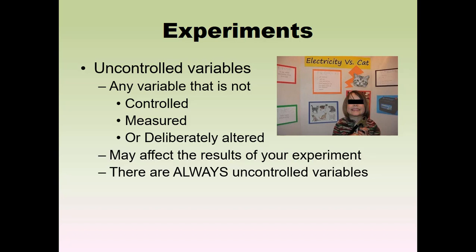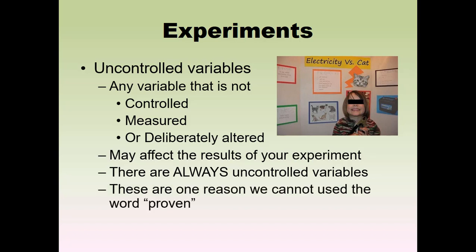Some of those we don't really notice, like the mouse that set up a nest in my car as I've been working out of home for so long. So it's always important to realize that there are uncontrolled variables, and it is because of uncontrolled variables that we can't use the word proven, because those also could affect the results of our experiments.